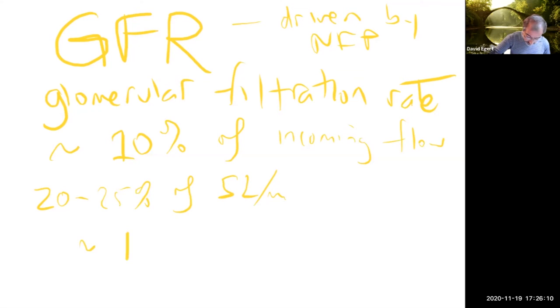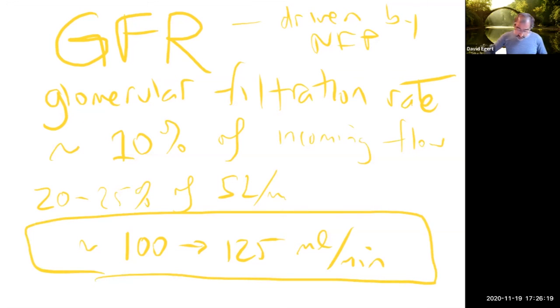So it's around 100 to 125 milliliters per minute. This is a typical glomerular filtration rate, and this is across all the nephrons in both kidneys.